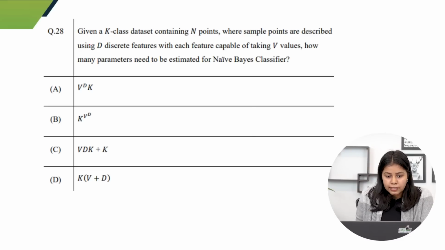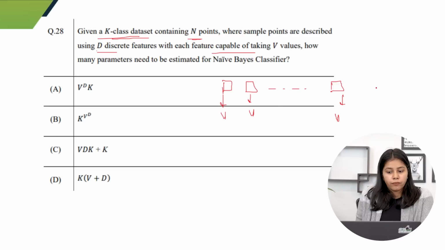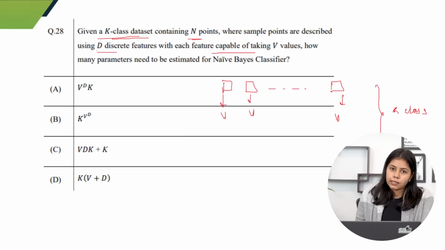So they are saying that in a given K-class dataset we have n points, and we have d discrete features, and each feature can take v values. Each feature can take v values, and we have a K-class dataset. So if I take all these combinations possible, then I can get K classes possible.